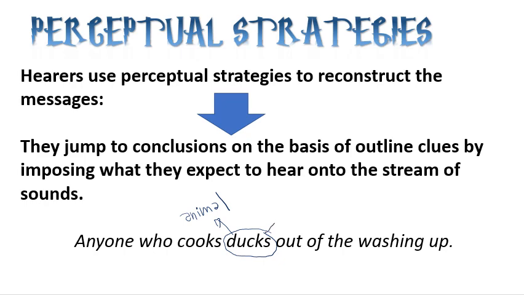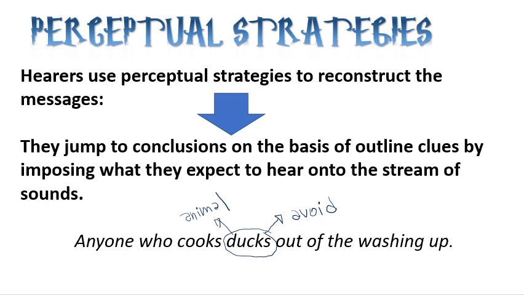But if you consider that ducks also has the meaning avoid, then the sentence automatically makes sense. Anyone who cooks avoids, or ducks out of the washing up, avoids doing the washing up.